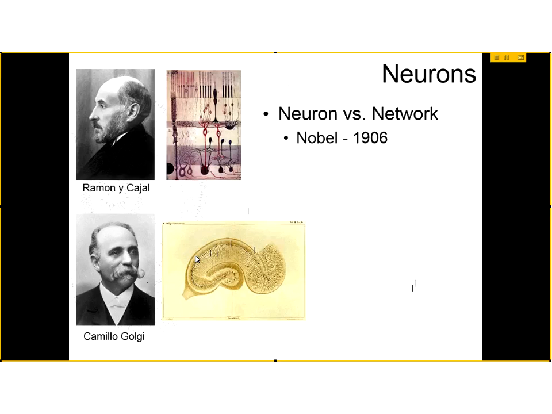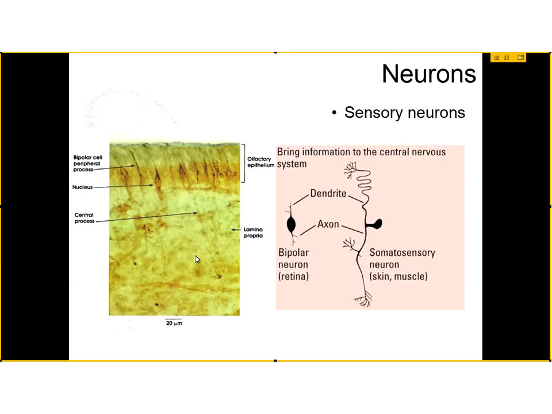So from this work, we now appreciate that there are a surprising array of neurons, and their structure is really related to their function. First, we have sensory neurons. Sensory neurons are gathering information from the body or the environment. And we have a variety of these.